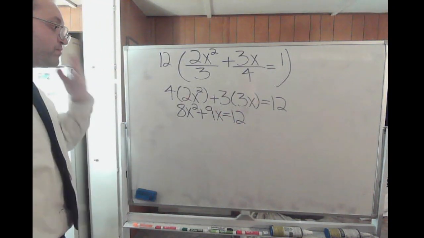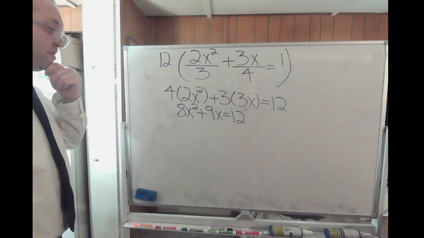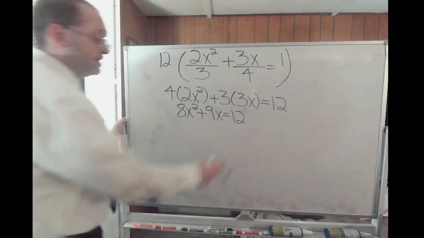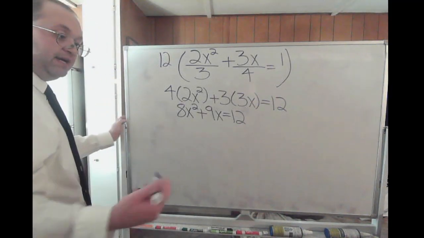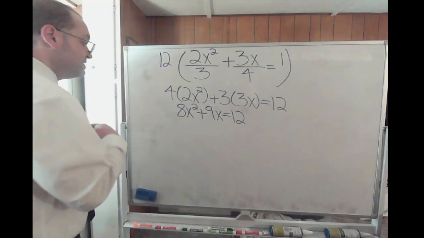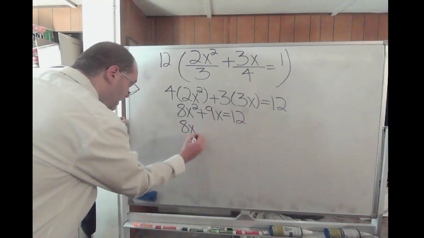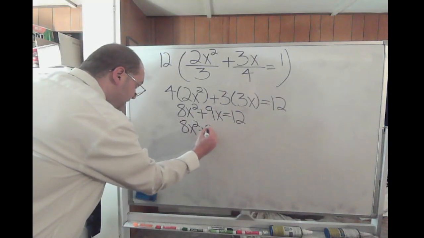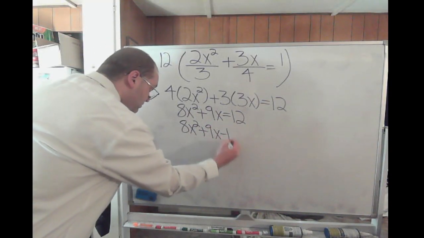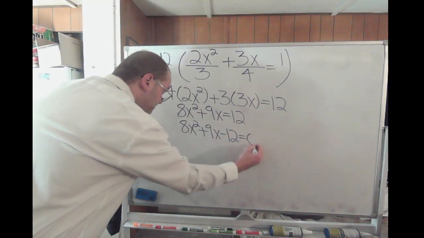Okay? Well, before we could think about factoring, we need to make the right side equal to 0, so we have to subtract 12 from both sides. We'll have 8x squared plus 9x minus 12 equal to 0.